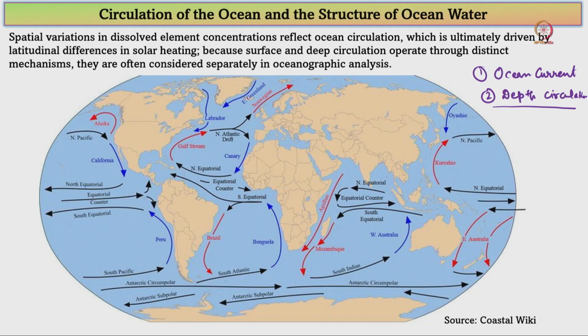Now, when I talk about trace, the trace are really extremely low. There can be ultra low concentrations of particular elements. In fresh water we know iron can be in a few hundreds of ppb. In the ocean, that concentration is extremely low.